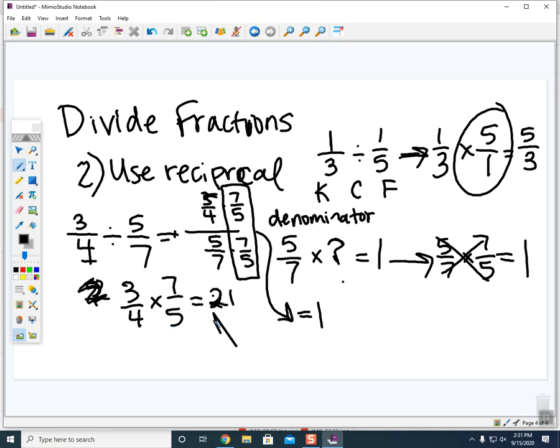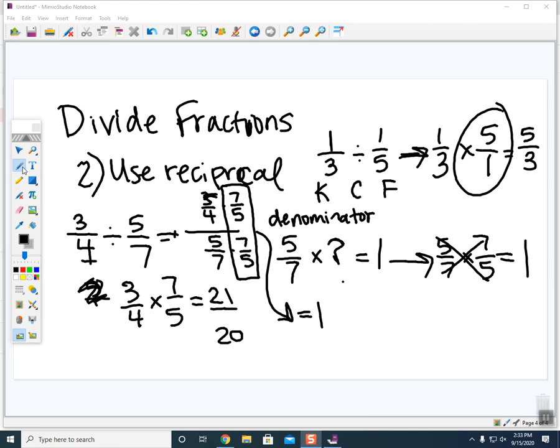I'm just going to multiply across now. Okay, so I've got 21/20. So what this means is when I do my keep, change, flip, keep my first one, change my sign, multiply by my reciprocal, this is actually what's happening.